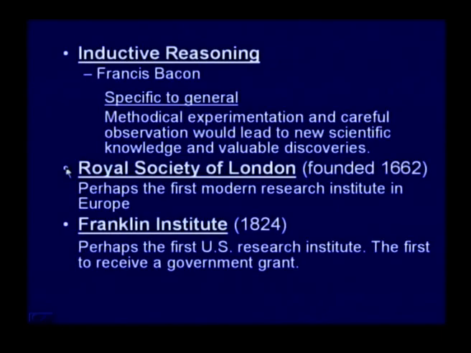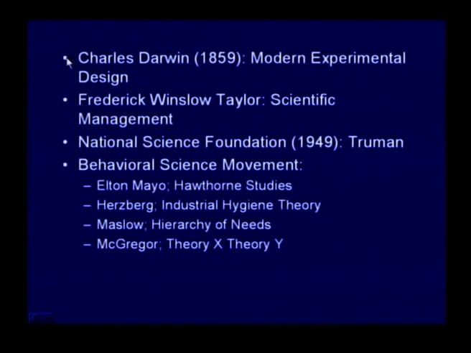In 1662, the Royal Society of London was founded, perhaps the first modern research institute in Europe. Franklin Institute, 1824, perhaps the first US research institute, and the first institute that received a government grant. Charles Darwin, 1859, led to modern experimental design.